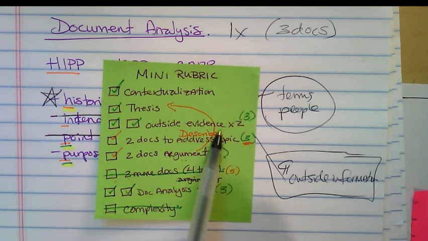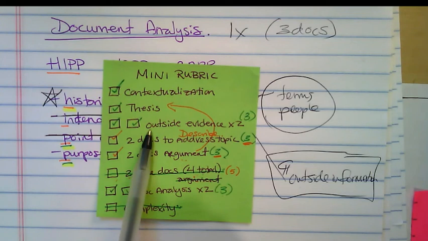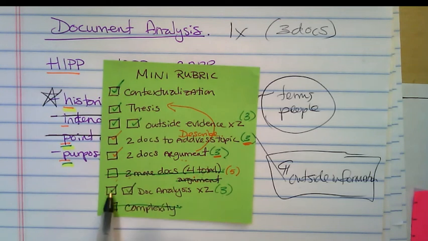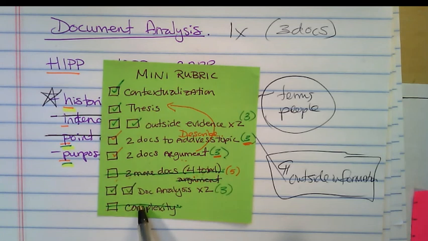Because if I'm getting 2 points by having 2 pieces of outside evidence that I've explained, right, that's really easy for me to do and lock in some easy points. Also, this down here, the analysis of documents, I think this is fairly easy as well, right? The argument part, it depends on your style of writing, okay, right? So there's a way to kind of navigate through these different points to get as many as possible, right?